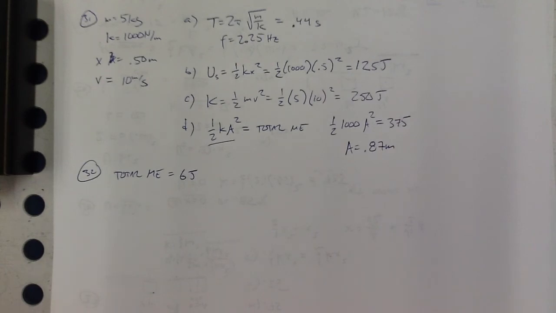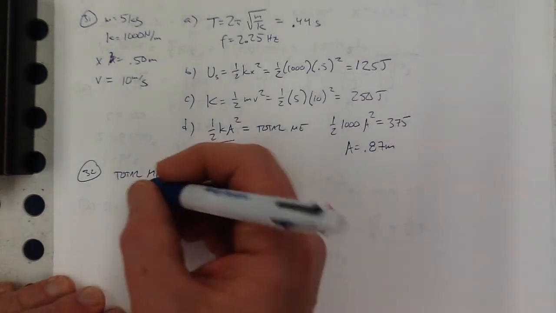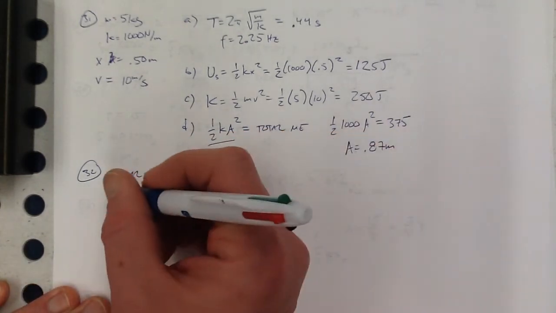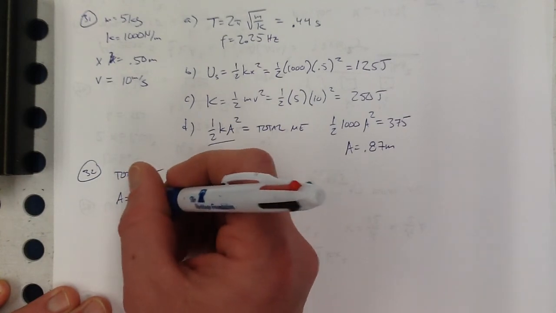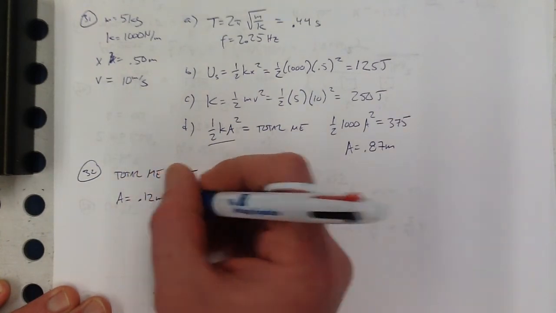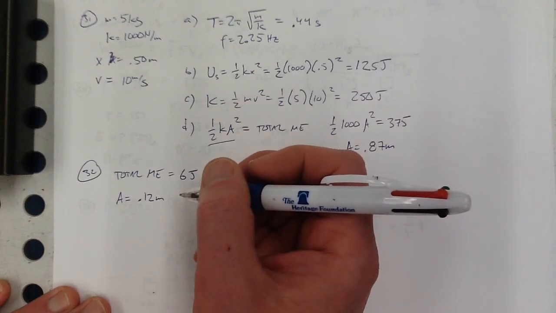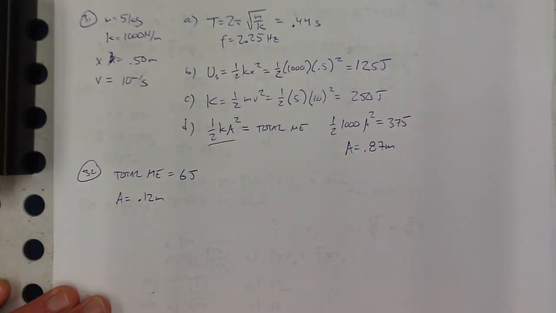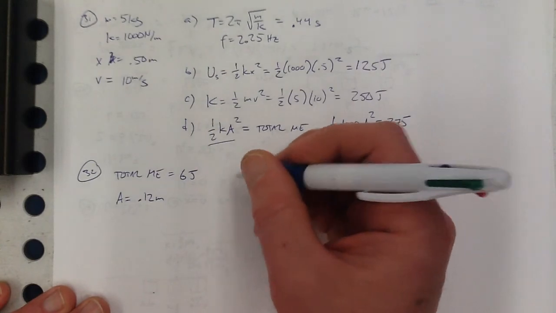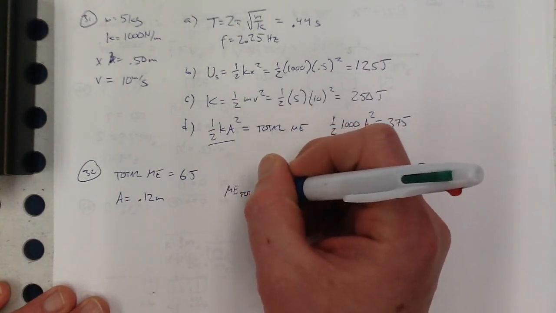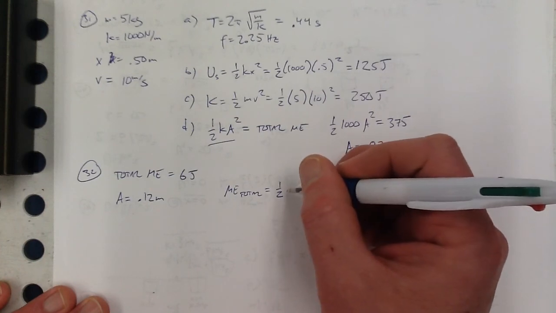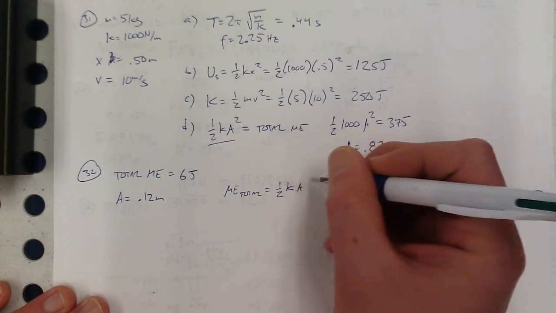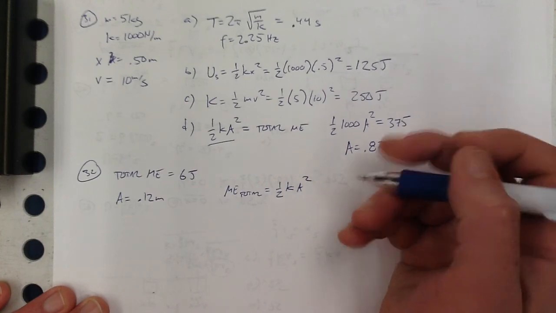What's the spring constant? And the amplitude is equal to 0.12 meters. You can see that's where the kinetic energy goes down to 0. Right? So total mechanical energy is equal to 1/2 k a squared, and I think that's all we need.